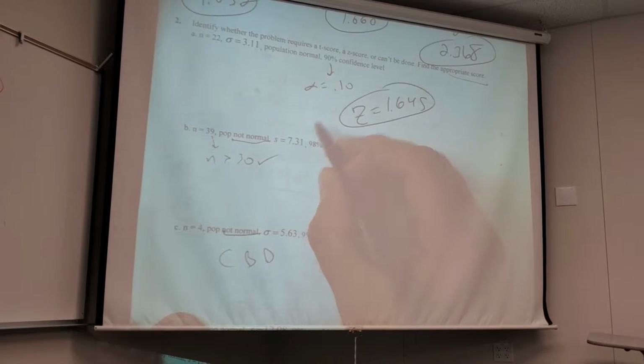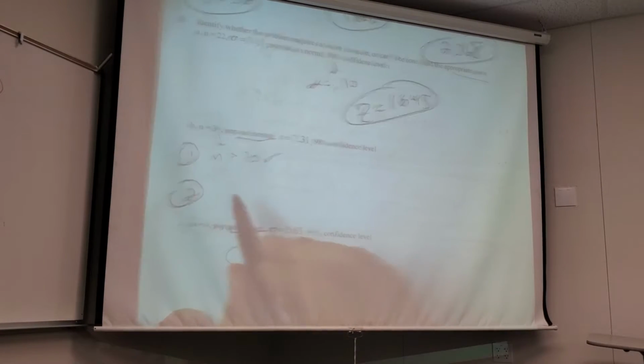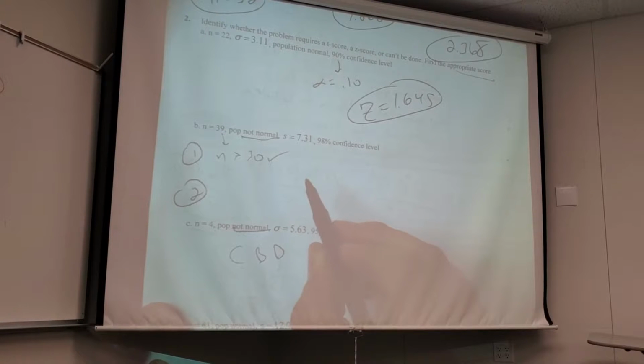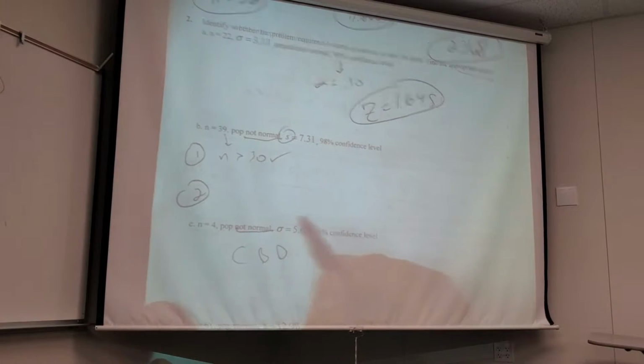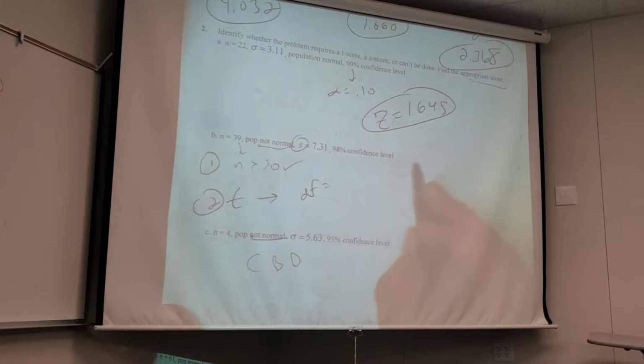So I know I can do something. What is it I can do? What is it that I have to use? T-score. Why? Only know S. I don't know sigma. Good. So my T-score. So my degrees of freedom is 38.